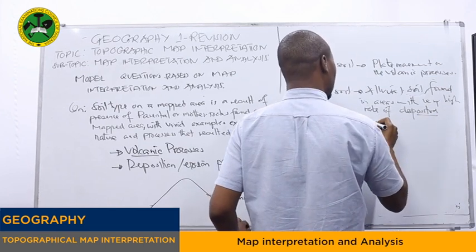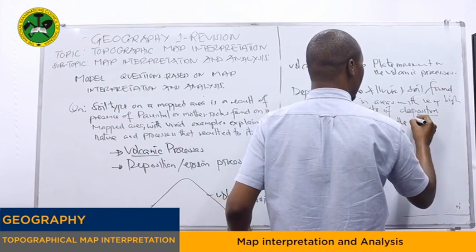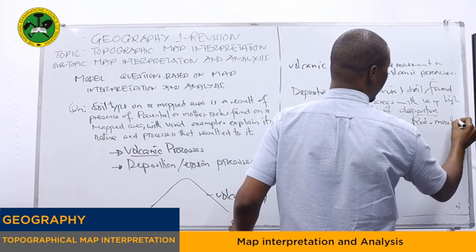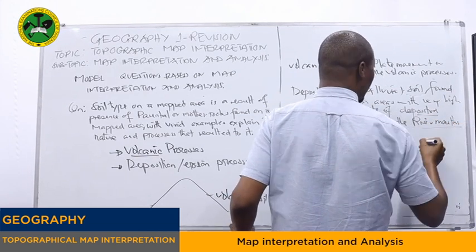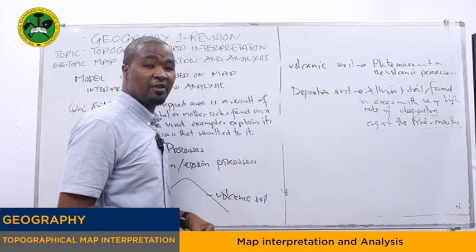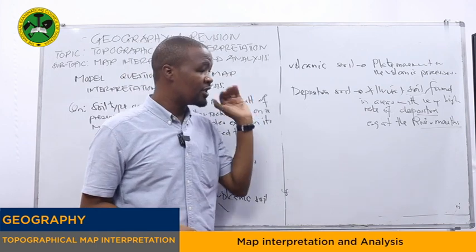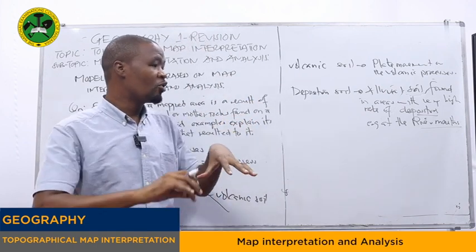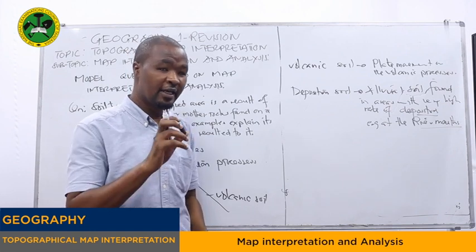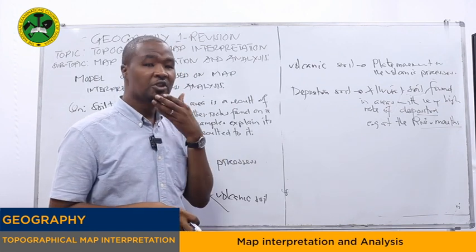For example, at the river mouth, where the river deposits all the material it carried from the upper and the middle stage of the river development. It means the material carried from the upper and middle stages is normally deposited at the end stage or the lower stage. And there is where we get what we call the deposition soil.